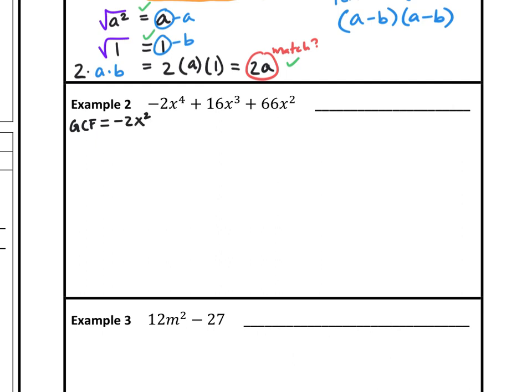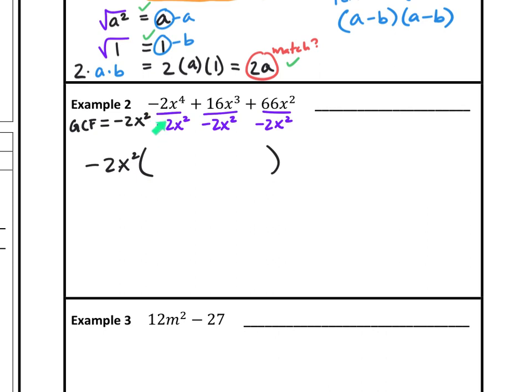So that's what I'm going to divide all of these by. I'm going to divide them all by the GCF of negative 2x squared. So remember, we usually set up a parentheses and put the GCF in the front. Okay, and then we divide.